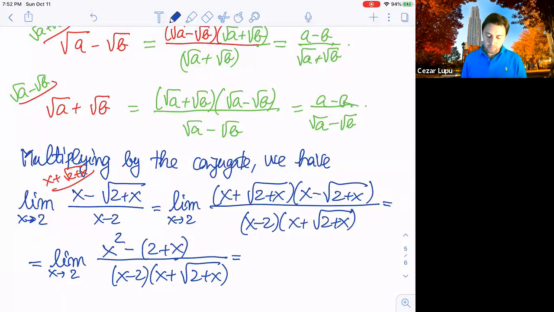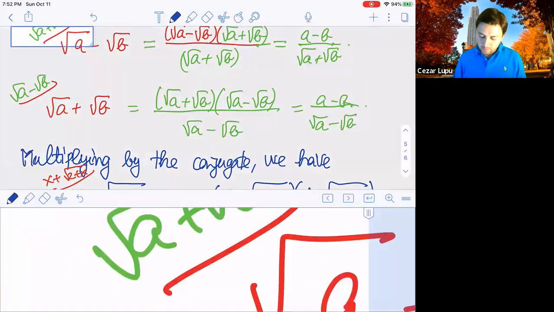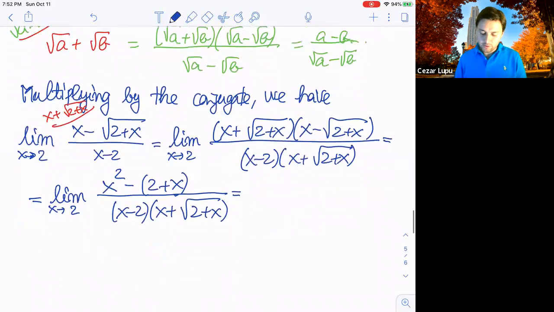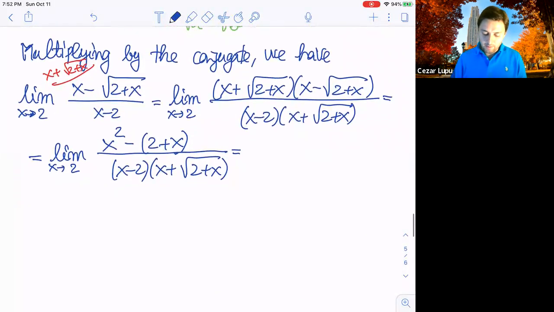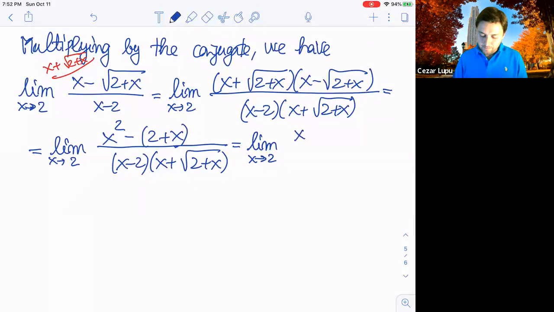Okay. And this will be nothing else than just, let's look at it carefully, the limit as x approaches 2 of x squared minus x minus 2, everything over x minus 2 times x plus square root of 2 plus x.